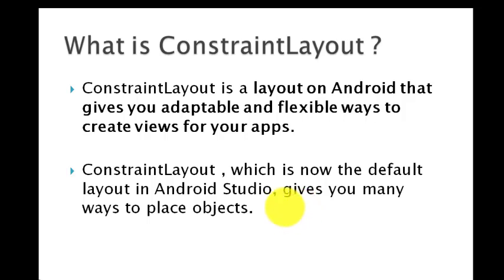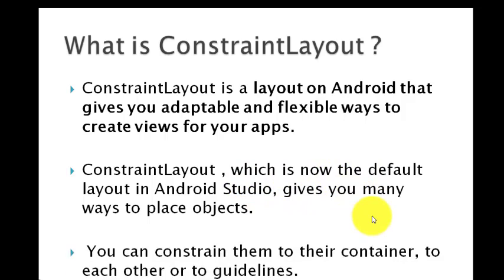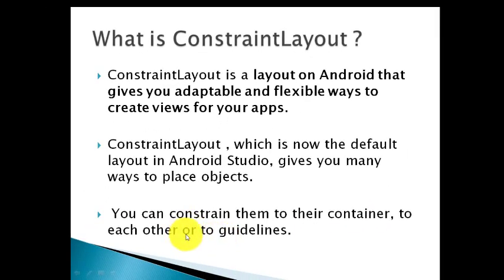Constraint layout is now the default layout in Android. By default, when you create an activity in Android, the default layout for the activity is constraint layout. In all Android Studio versions, the default layout is constraint layout. You can constrain them to their container, to each other or to guidelines.